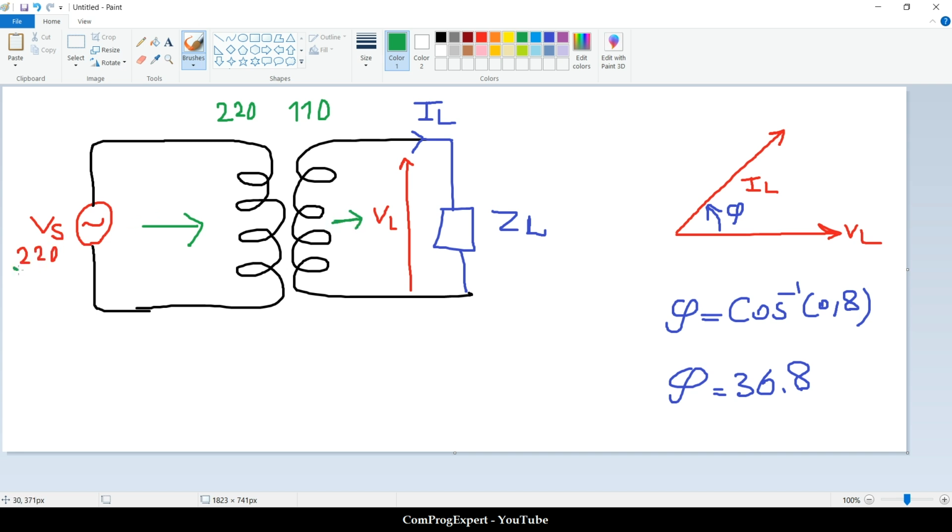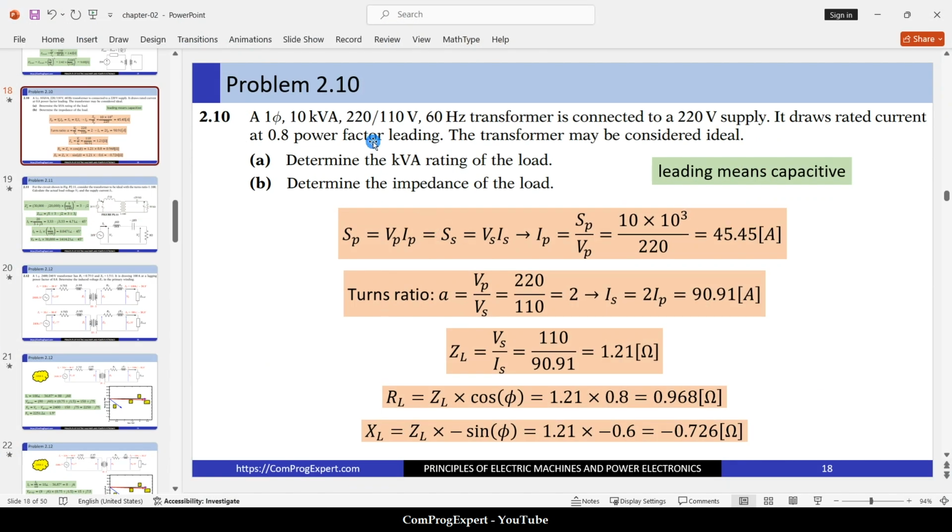So the apparent power of the transformer is equal to the apparent power of the load. What is the apparent power of the transformer? It is 10 kilovolt ampere. This number is equal to the apparent power of the primary, that is equal to the apparent power of the secondary.